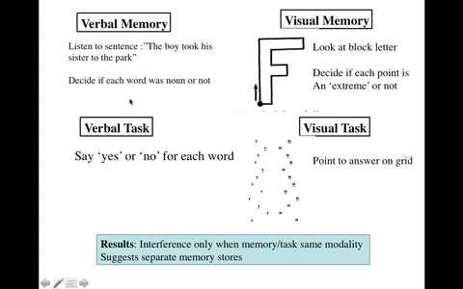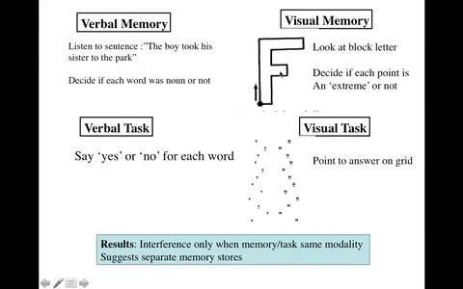And what they found was there's specifically interference when the way you had to do the response, so if you had to do a verbal response, would particularly interfere when the kind of memory you had to do was verbal memory. And the same was true for the visual. So when you had to do a pointing task, that would be particularly hard if you were trying to do a visual memory task.